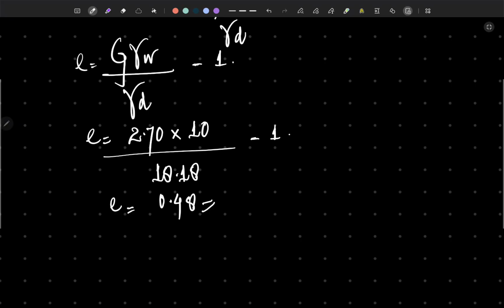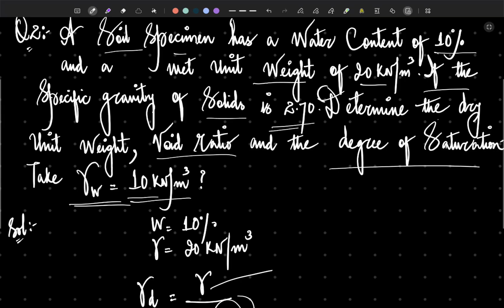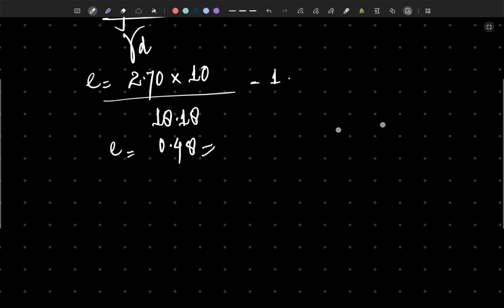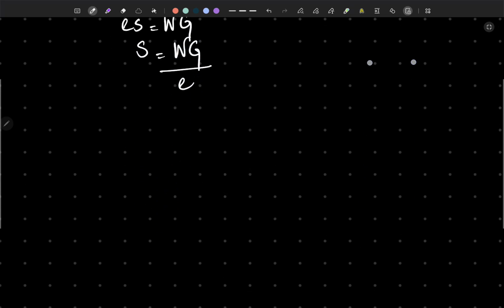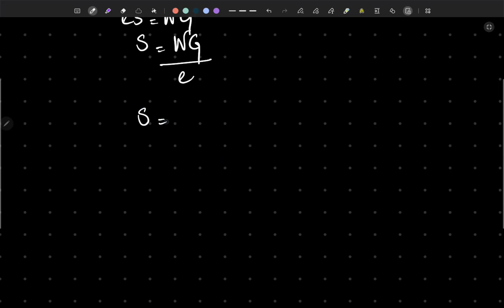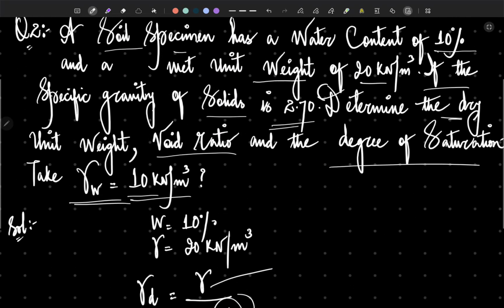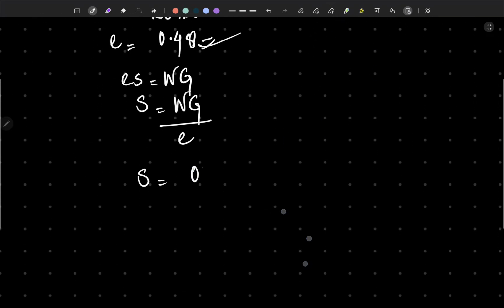Then we have to find the degree of saturation, and that's the last thing that the question demands. We have found the dry unit weight, void ratio, and now the degree of saturation. We know the expression relating these parameters is e S is equal to w G. That means S is equal to w G divided by e. We have water content as how much? 10%, so it is 0.10.